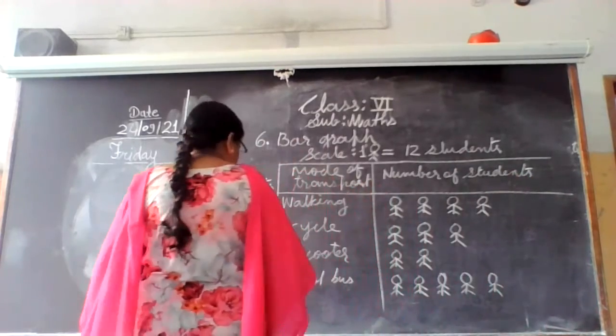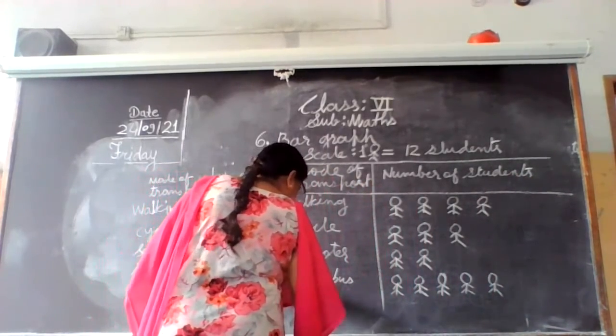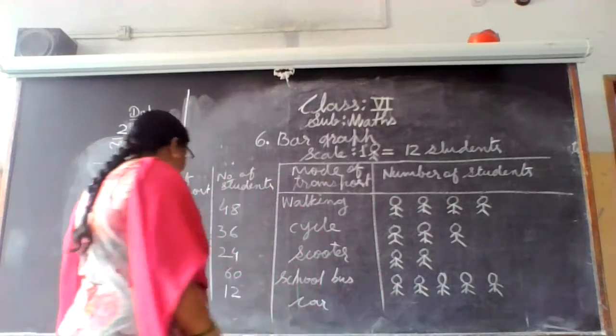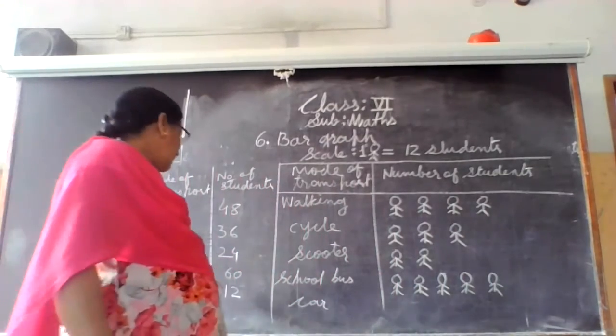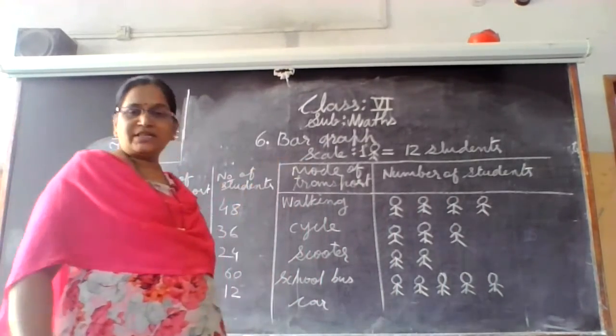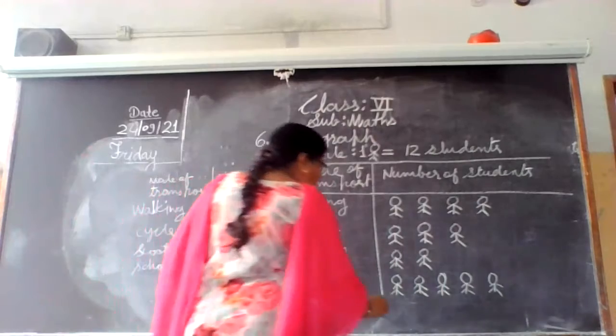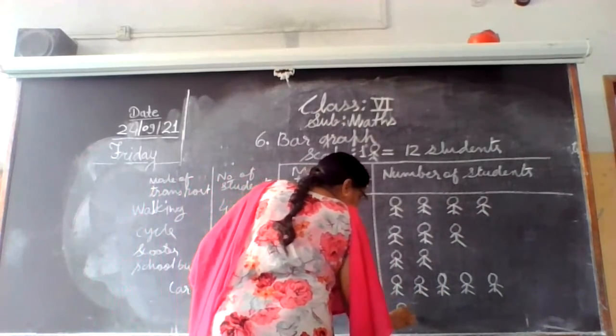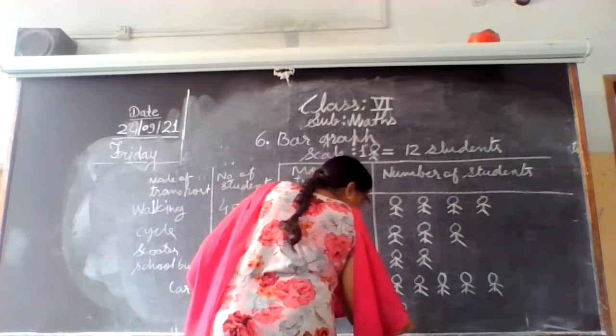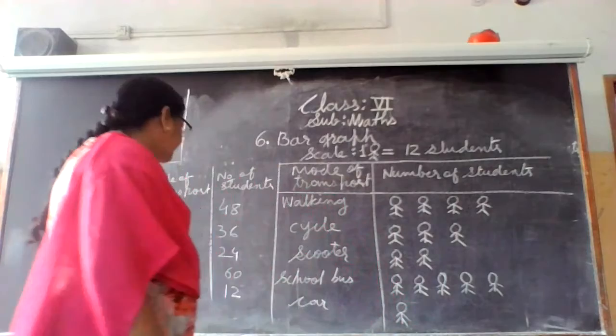And car. So 12 students come by car. 12 represents one symbol, so for car, draw only one symbol.